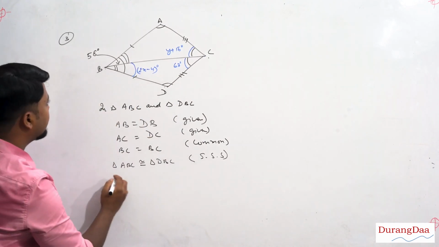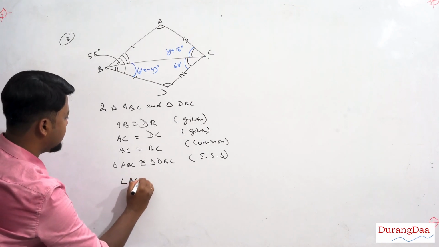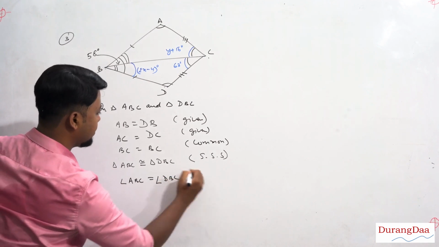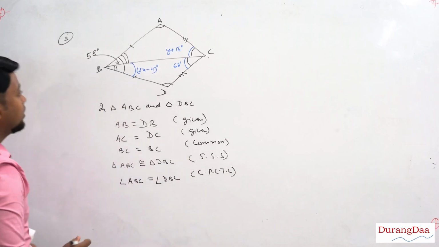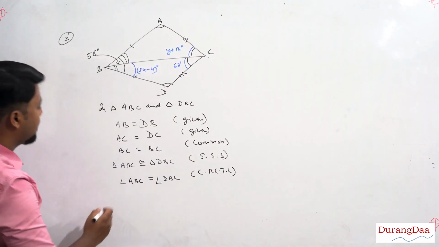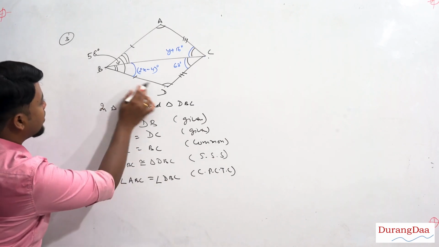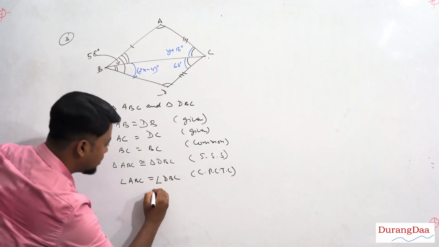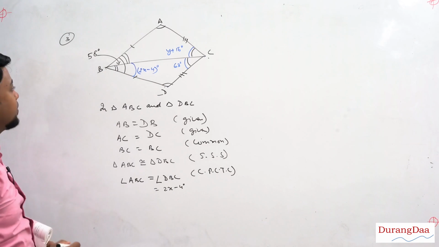Alright, so I will just mention it here. Angle ABC is equal to angle DBC by CPCTC. Alright, so here what you have got, angle ABC, value of DBC is already given. DBC is how much? 2x minus 4 degrees. So mention it here, this is equal to 2x minus 4 degrees. No problems.